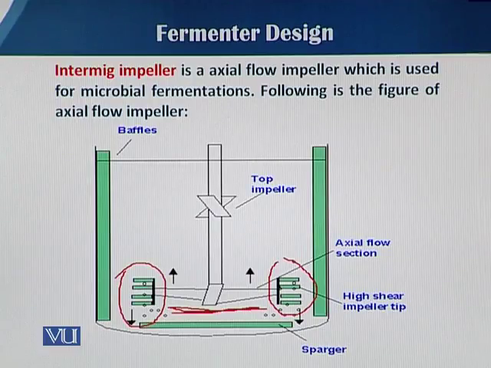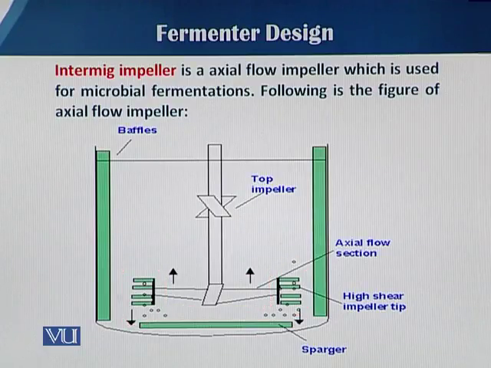While the axial flow impeller pushes the medium toward the bottom of the vessel, these help to break down the air bubbles into smaller ones, increasing the surface area. So with this kind of intermig impeller, we can avoid the problem of the low shearing effect.